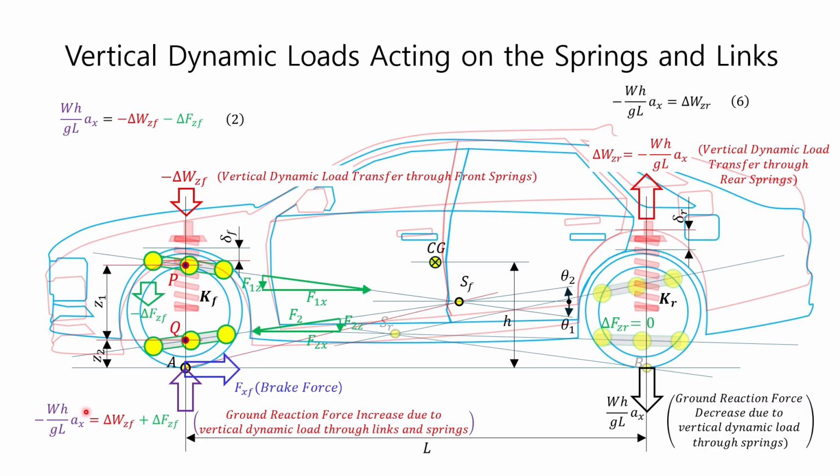When the vehicle is braking with acceleration AX, the total vertical dynamic load of the vehicle, that is, the load transfer from the rear to the front, can be calculated using Newton's second law, the height of the center of gravity, CG, and the wheelbase. Regardless of the suspension links or springs, the total vertical dynamic load transfer of the vehicle has a constant value corresponding to the braking force, FXF, once it is determined.